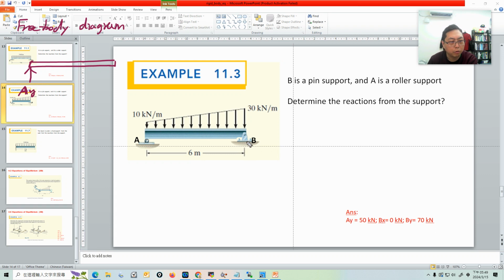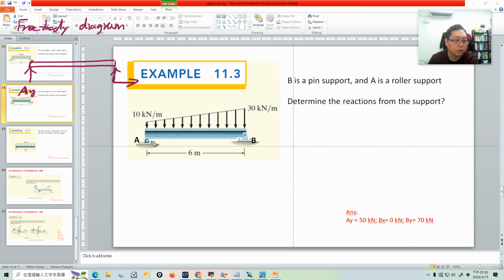A pin support allows rotation, so it doesn't have any reaction moment, but it provides a reaction force upward and horizontal. It doesn't allow any translation in the vertical or horizontal direction, so there is a reaction force from the pin support.